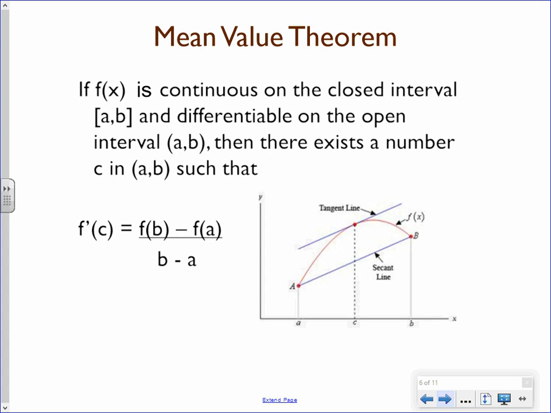What is a word that we have for derivative? We have a lot of words, but slope, average, instantaneous rate of change. What's a phrase that we have for slope?